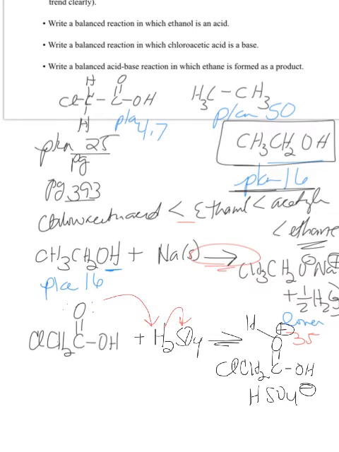Now, let's look at the pKa values. The pKa value of chloroacetic acid is 4.75, and the pKa of H2SO4 is -10.